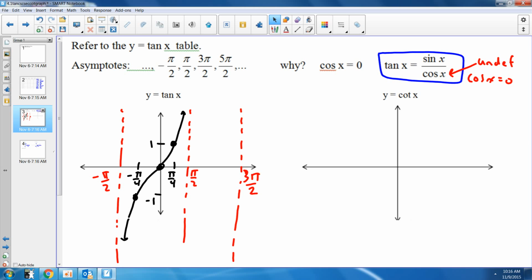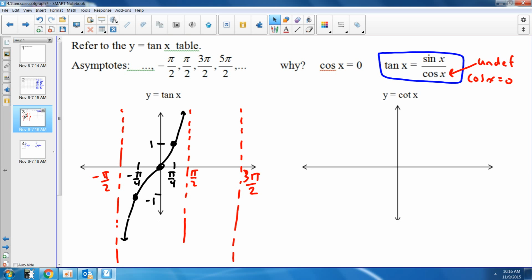If you go to 10, that number becomes bigger. If you go to 1, bigger. If you go to 0.1, bigger yet. 0.00001, bigger yet. So if the bottom was 1 over a million, you're going to multiply by a million over 1. That's why this goes to infinity as the cosine x goes to 0.